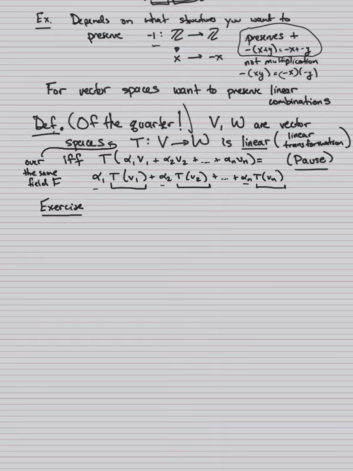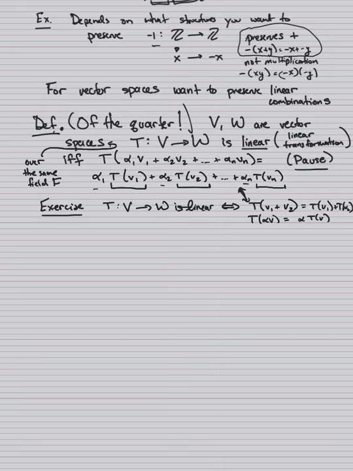I mean, there are other ways to define this. So T is linear if and only if you plug in any sum and you get the sum of the images, and you multiply by a scalar and it's the same as taking the image and multiplying by a scalar. Okay, so there's a pretty easy induction proof to go back and forth between those.